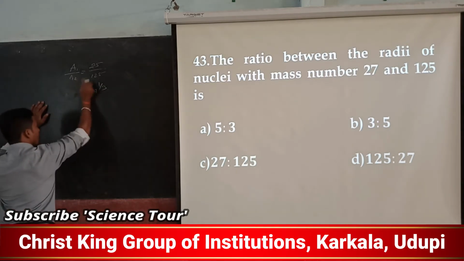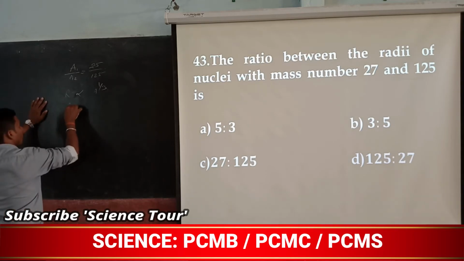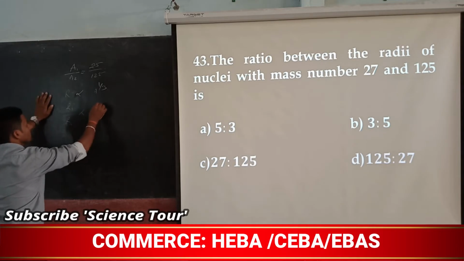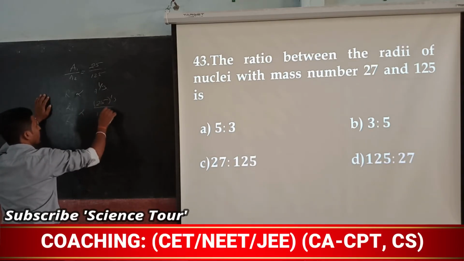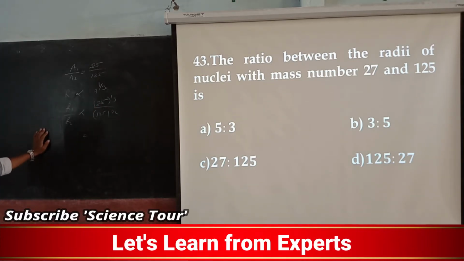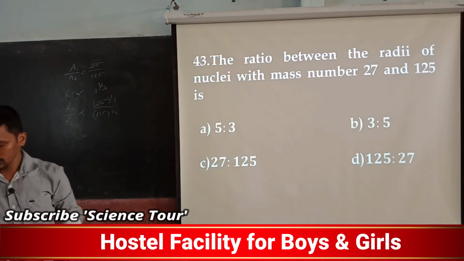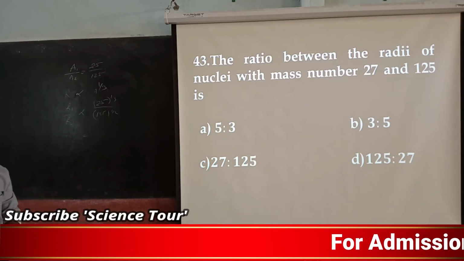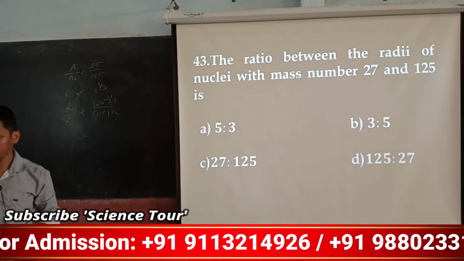Now you can write R is directly proportional to A to the power 1 by 3. The ratio R1 to R2, how to find out? Directly proportional, right? A1 means 27 to the power 1 by 3 and 125 to the power 1 by 3. A1 means how much you can get, that you have to find out.